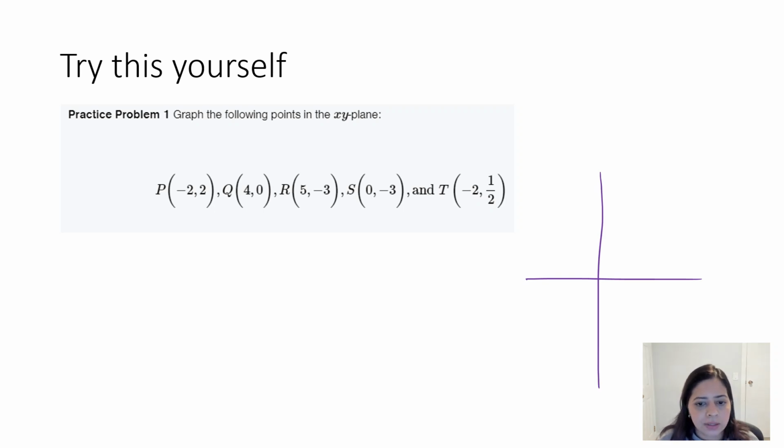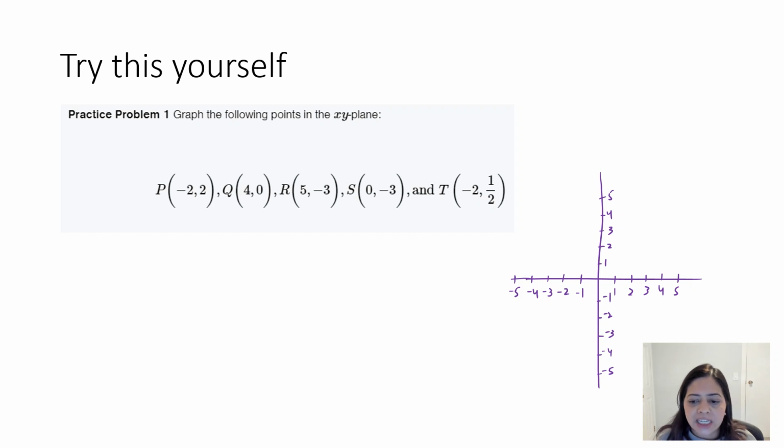Say this is 1, 2, 3, 4, and 5, this is -1, -2, -3, -4, -5. Then you have 1, 2, 3, 4, 5, and again -1, -2, -3, -4, -5.